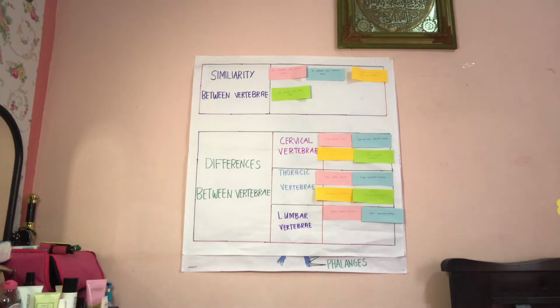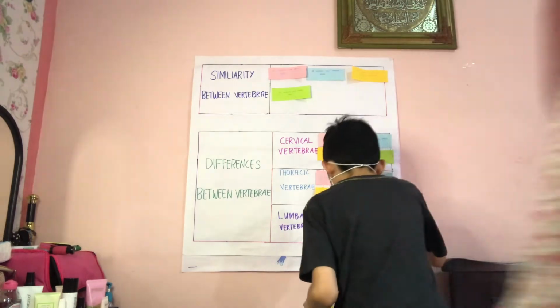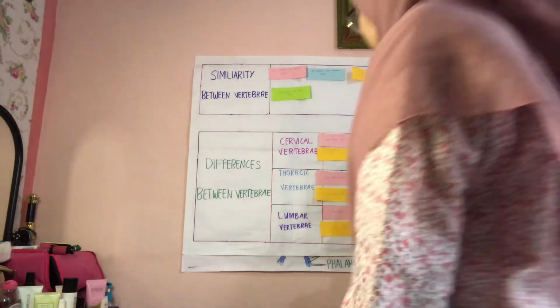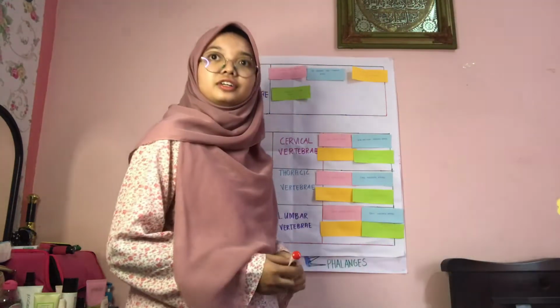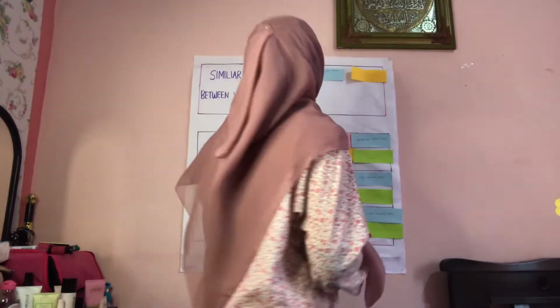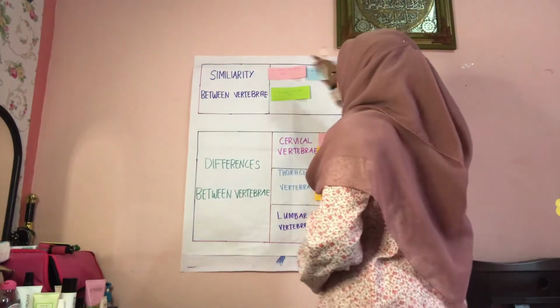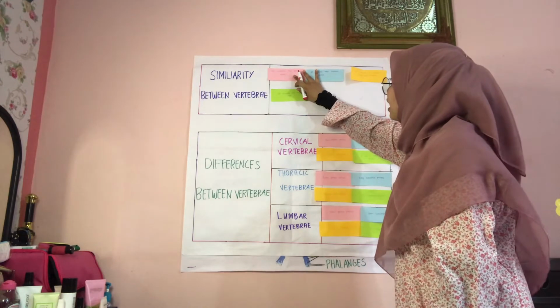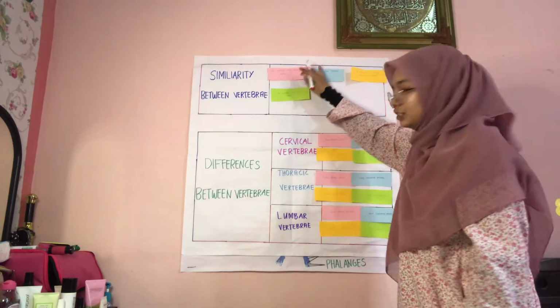Go, paste the answer. Two more. Okay. Let me check the answer first to see whether you understand what I'm teaching or not. So, the similarity between vertebrae. The first one, you say that all vertebrae have spinous process.